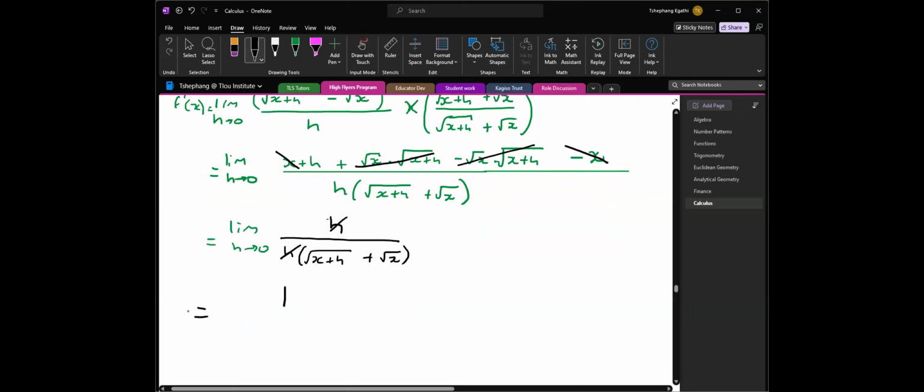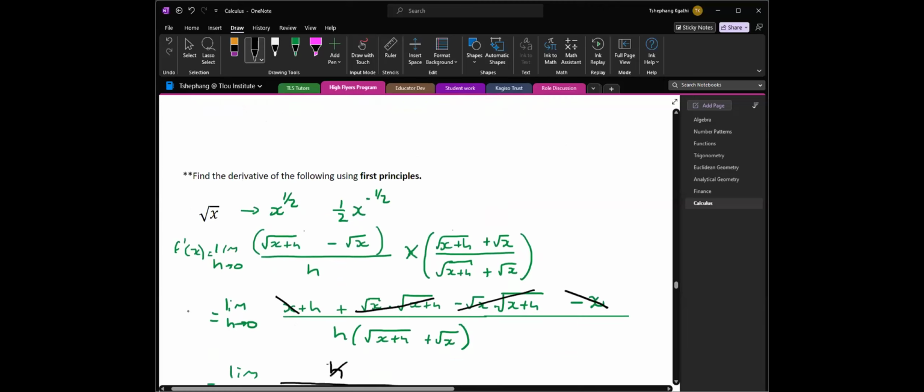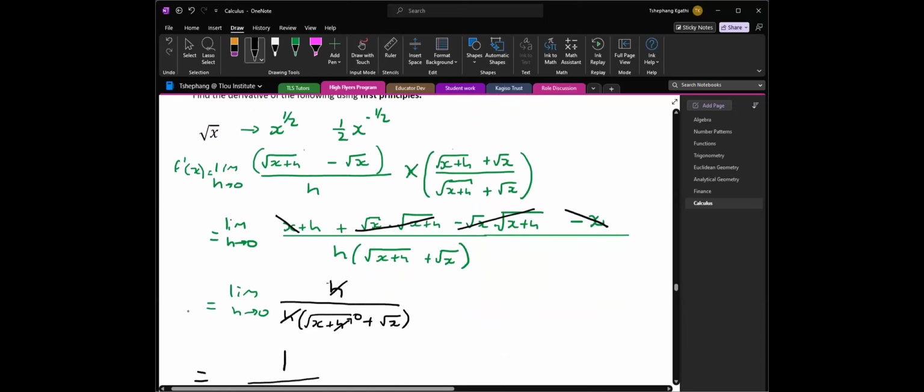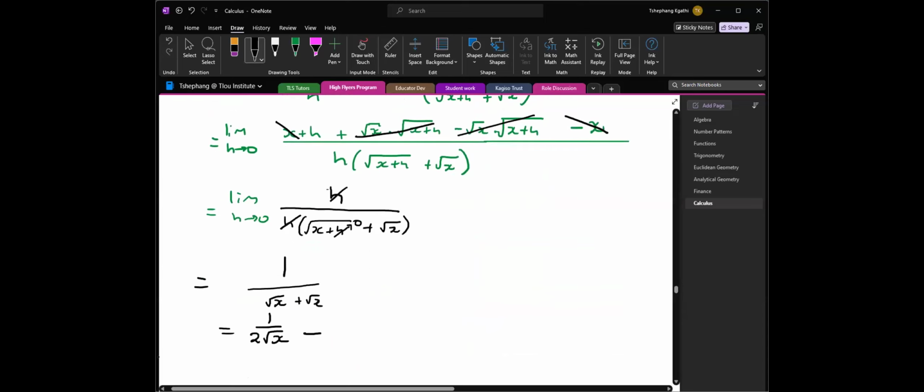Okay? Now we can make this h approach 0. If that h approaches 0, what do we have? We have root of x plus root of x. What does that give you? 1 over 2 root of x. Right? Which is exactly what we have there, because we can take this square root up.